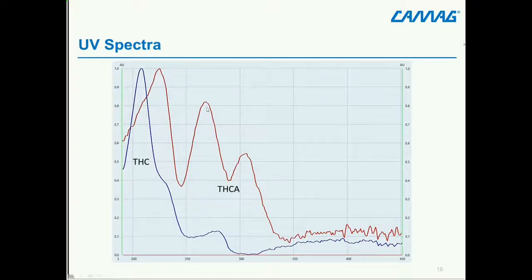If you have a method developed for the scanner, then you can have the multi-wavelength scan and analyze in one run all targets at their best wavelength. So our method has the 210 nanometers and 285 nanometers, so that we can have the cannabinoids and cannabinoid acids measured in one densitometric measurement.